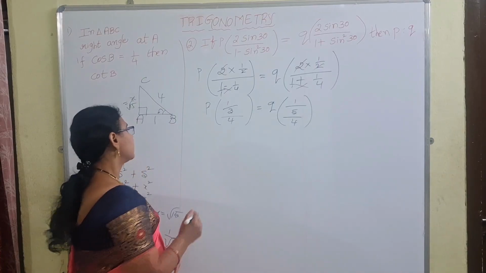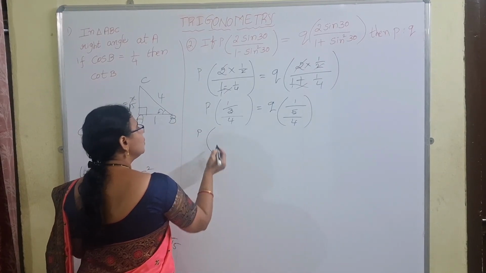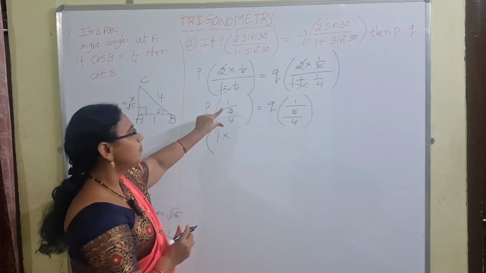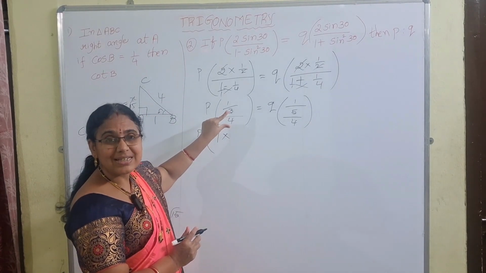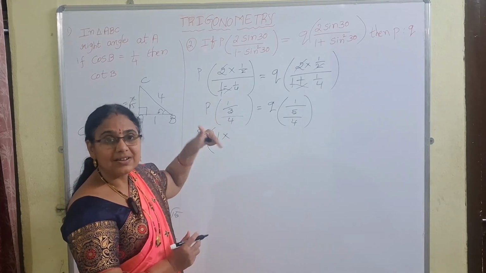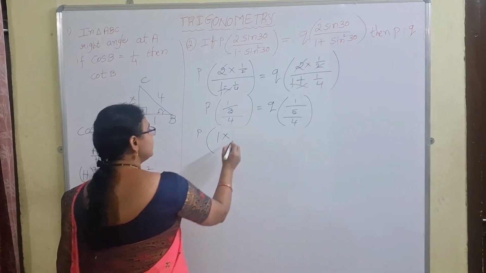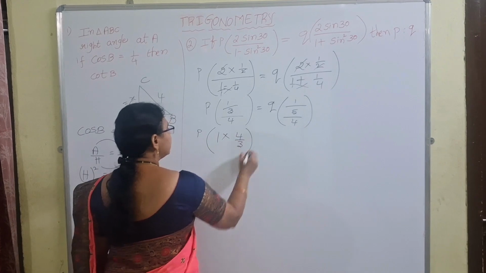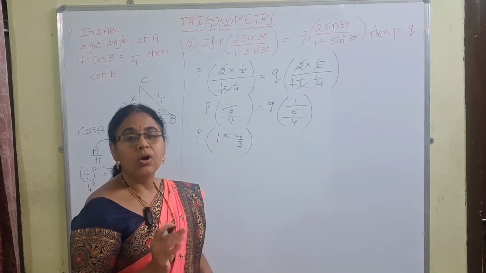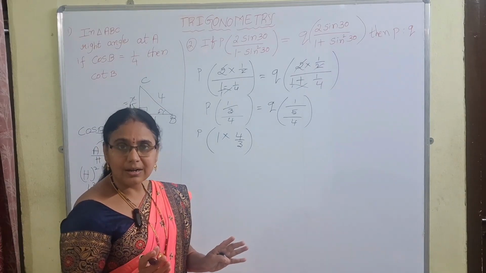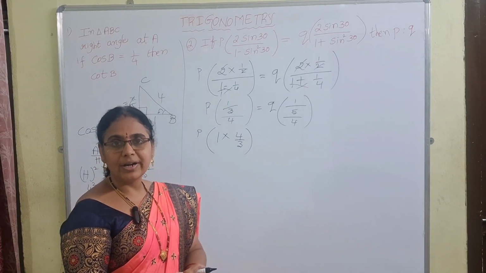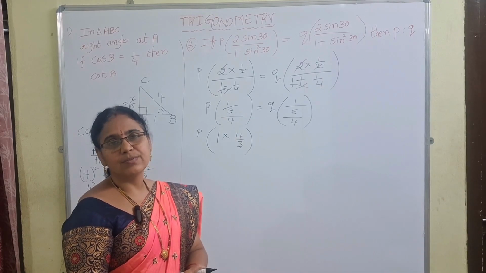Yes, we finished. P into numerator is 1, that is fixed. In the denominator you have 3 by 4. Between the fractions, a division symbol is there. The first fraction stays as it is, and the second fraction you have to write as its reciprocal. I already explained fraction simplification very clearly in a video: how can we add, subtract, multiply and divide fractions in an easy way.